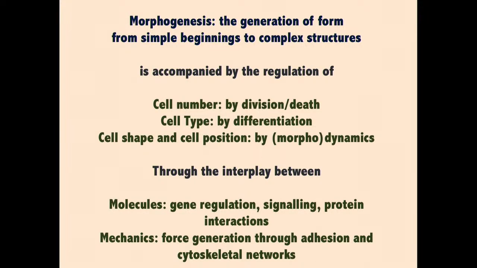Just a recap of what I started off by telling you yesterday, which is that morphogenesis is the generation of form from simple beginnings to complex structures. If you focus on morphogenesis at the cellular scale, it's often accompanied by the regulation of cell numbers, either by cell division or cell death.